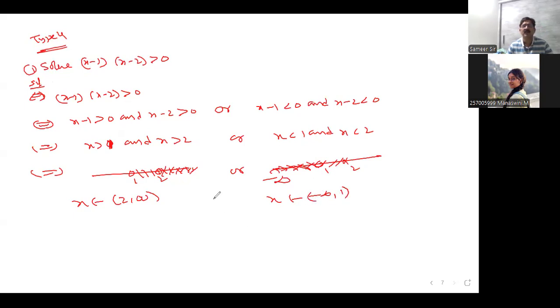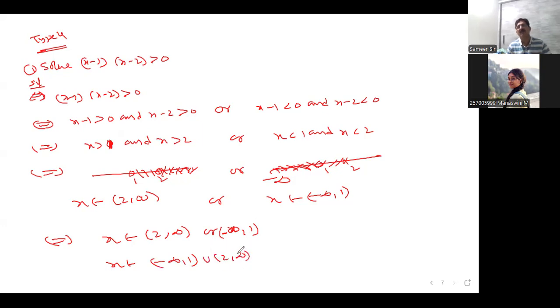Because "or" is there, we write x belongs to 2 to infinity or minus infinity to 1. Or you can write minus infinity to 1 union 2 to infinity.